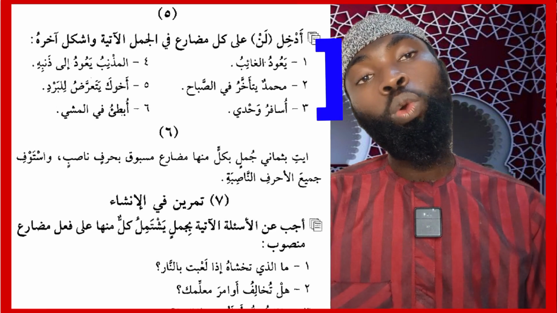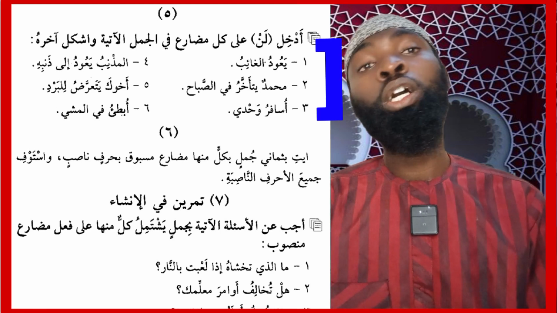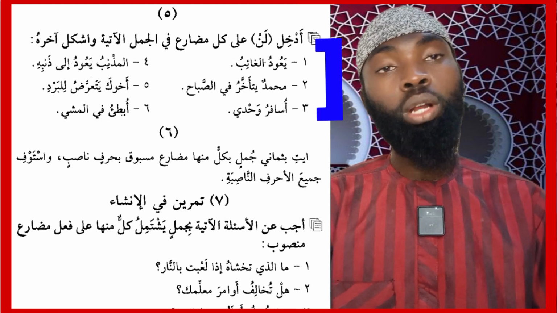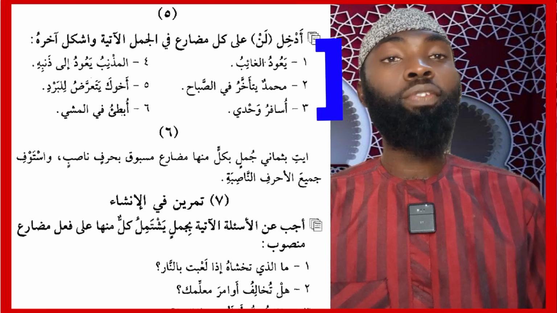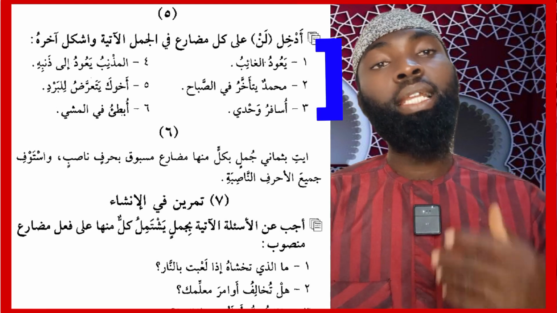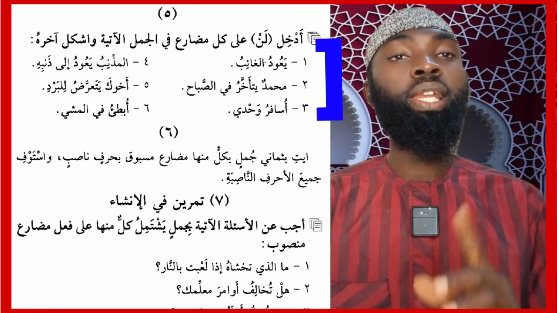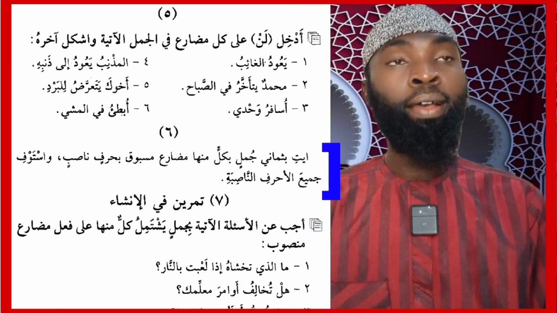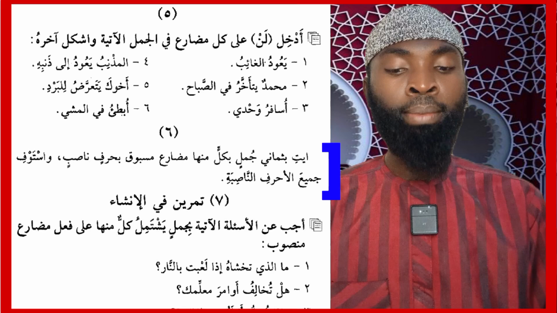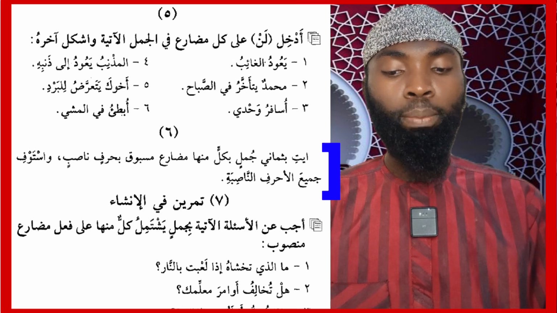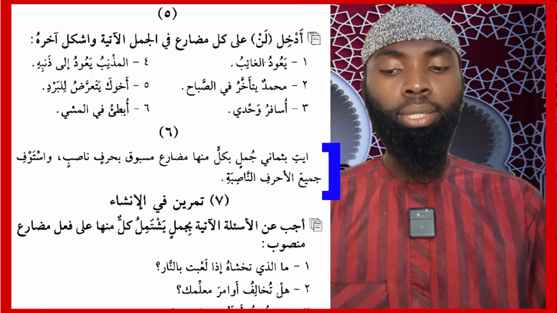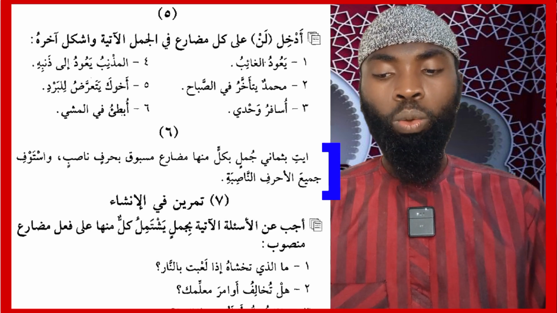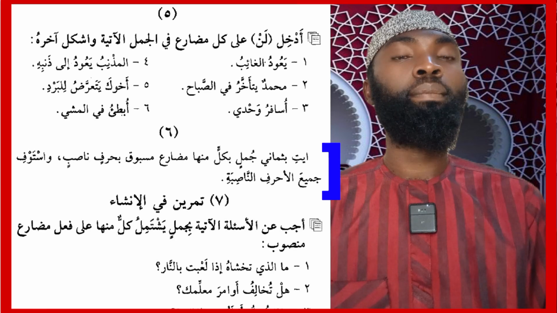I will say ahuka lan yata'arradu lil barb. Your brother will never be susceptible to cold. Number 6, obti'u fil mashi. I walk slowly. Lan obti'a fil mashi. I will never walk slowly. Tamrin al-Sadis, exercise number 6. The instruction says iti bi thamani jumalin bi kulli minha mudari'un masbuqun bi harfin nasibin wastawfi jami' al-ahrufin nasiba.